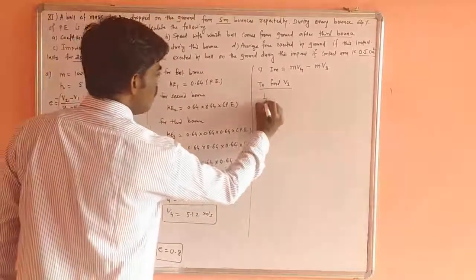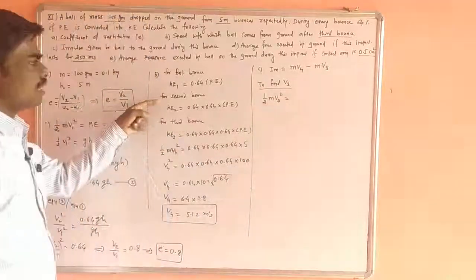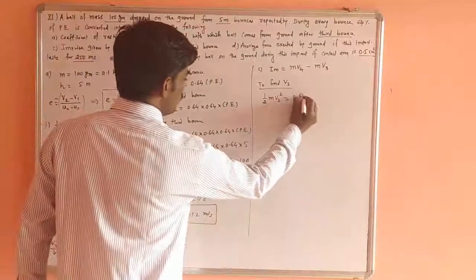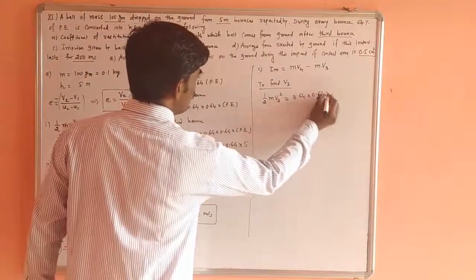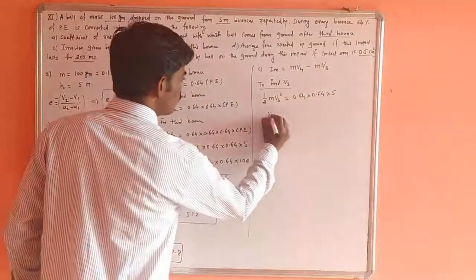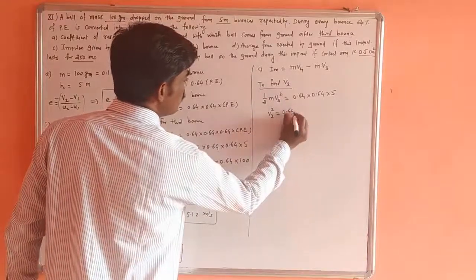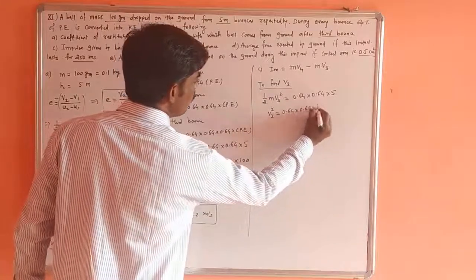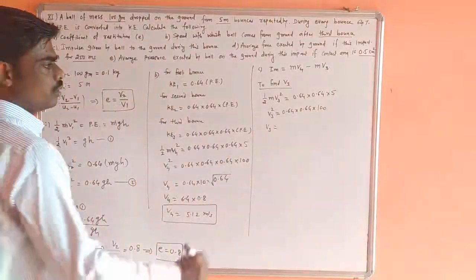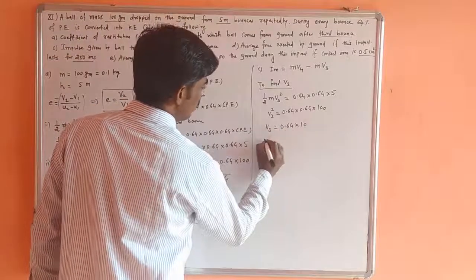Kinetic energy is half m v3 square for the second bounce, 0.64 and 5. Again it becomes v3 square, 10 into 10, 100, 0.64 into 100, taking the square root, v3 is equal to 0.64 into 10.